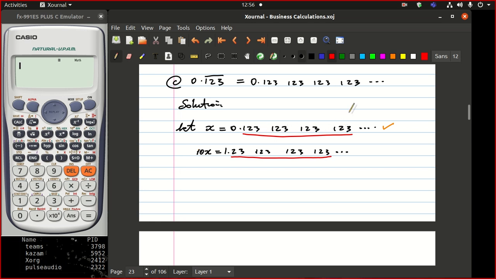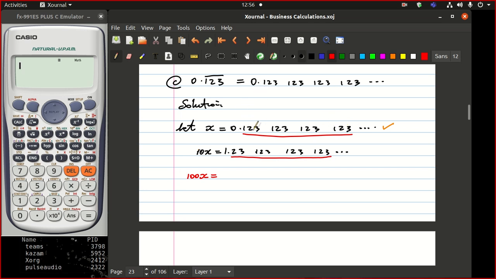So the next thing that I want to do, I multiply x by 100 to actually see what is going to happen. So if I'm multiplying x by 100, what am I getting? Remember that I'm still multiplying this thing now by 100.